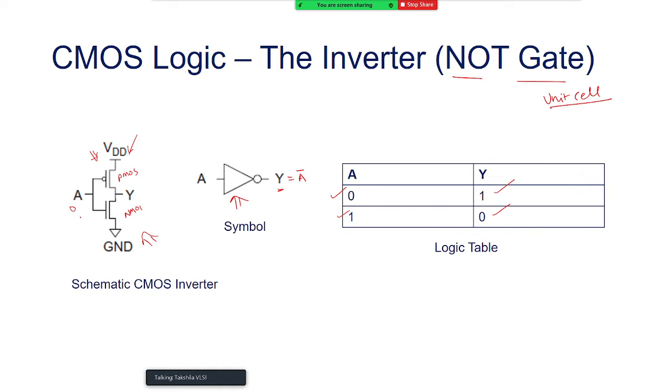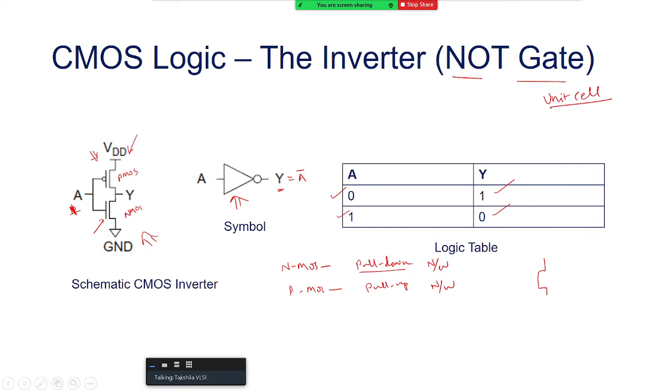Let's say, this NMOS we always call the pull-down network, and the PMOS we call the pull-up network. Why do we call it a pull-down network? Because when we have logic 1 initially, the circuit can be drawn like this.